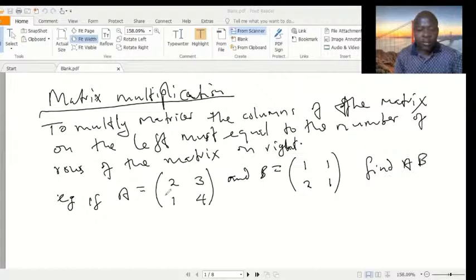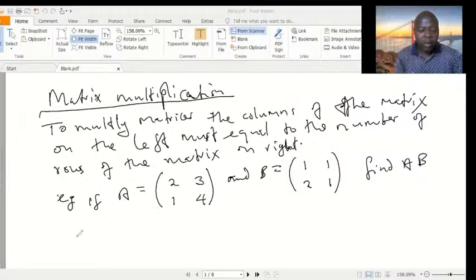You just ask yourself, how many columns are here? If the columns are 2, what about the rows here? If the rows are 2, then it means we can multiply these matrices. But if the number of columns here is not equal to the number of rows here, then you cannot multiply those matrices. So these ones can be multiplied.